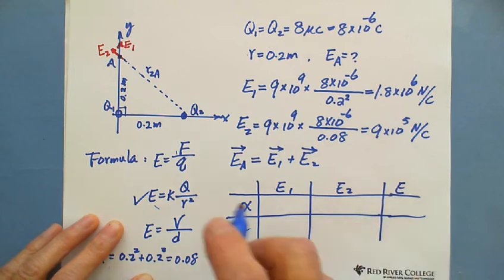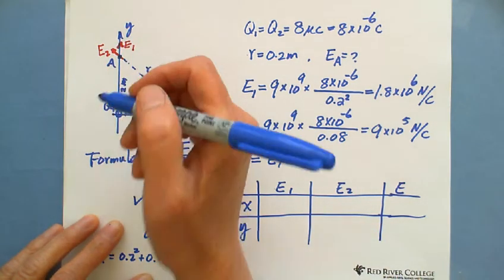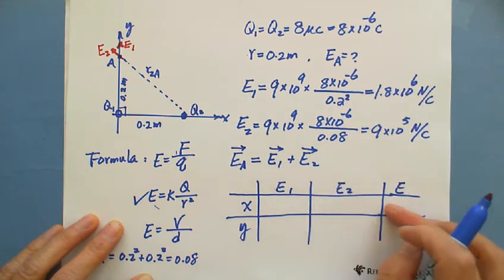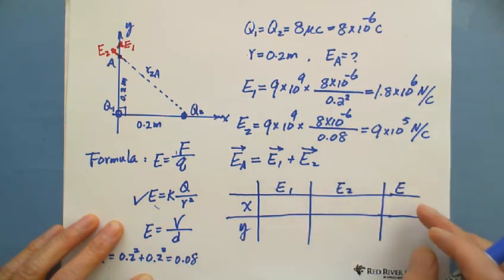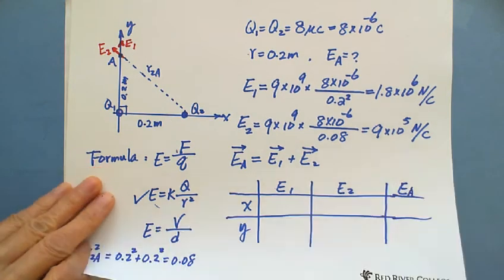And E2, we need to separate into x component and y component. Then we add the x direction, add the y direction, and we find the EA. So we need to go to the next page.